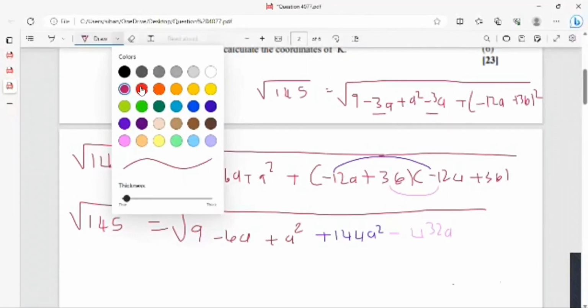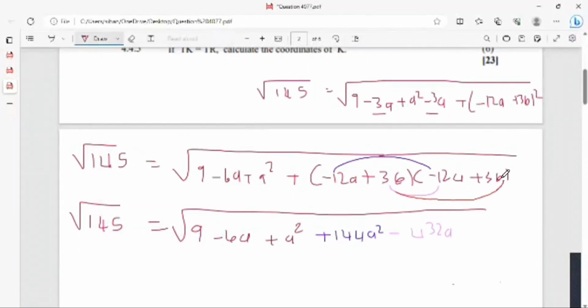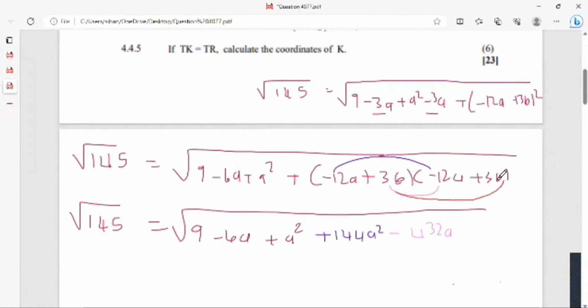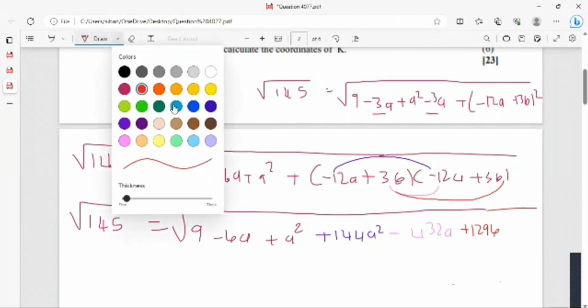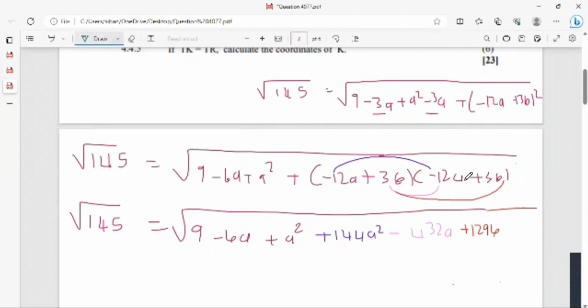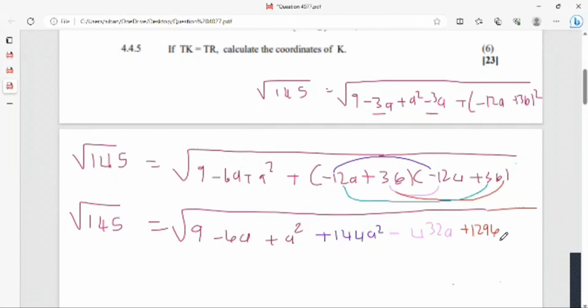We also have to multiply our 36 with our 36. And that will give me plus 1,296. Lastly, we have to multiply this minus 12a with the 36, which will give me minus 432a.